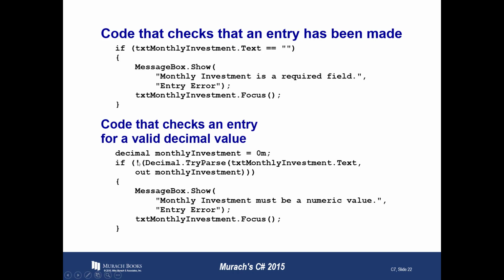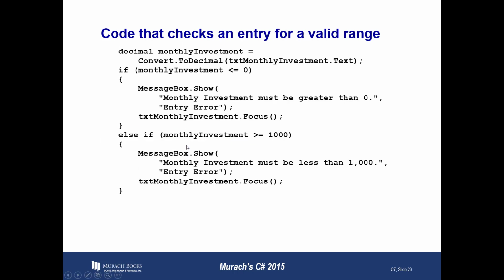But after we did that, we checked to see whether or not it was within range. Actually, we checked to see whether or not we could parse it. In other words, could we convert it? Notice it says try parse, which we haven't really looked at, but we will. We've done a little bit of this.